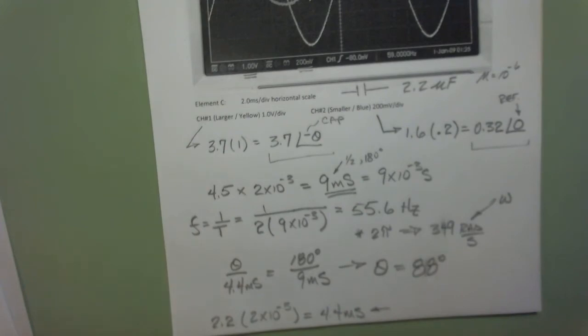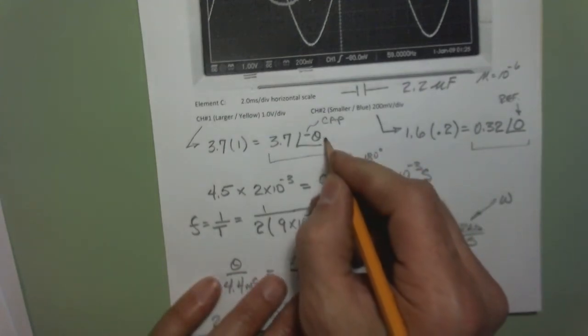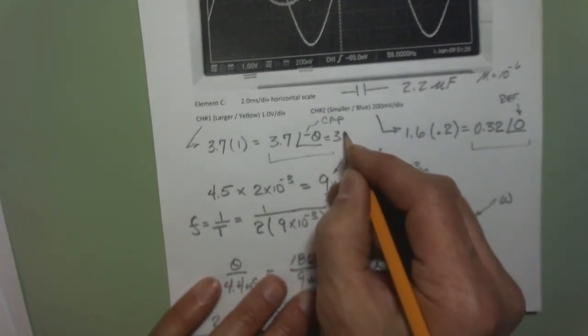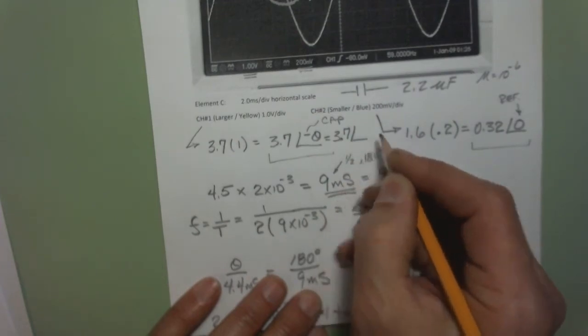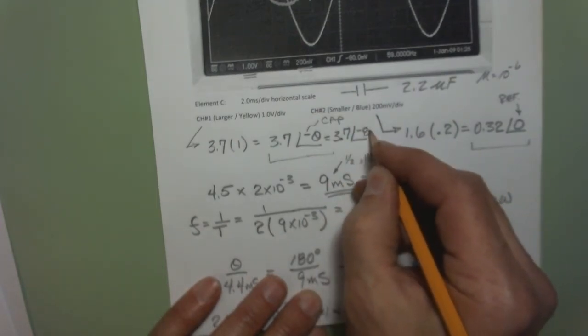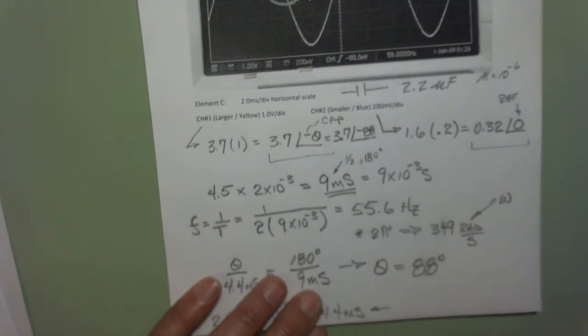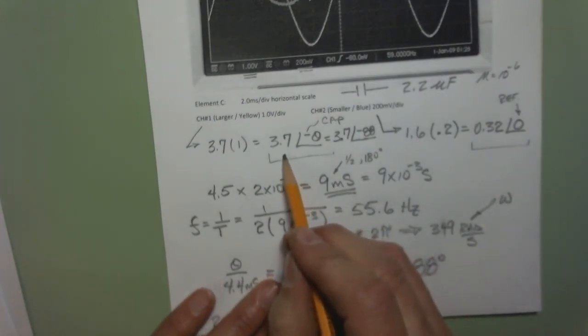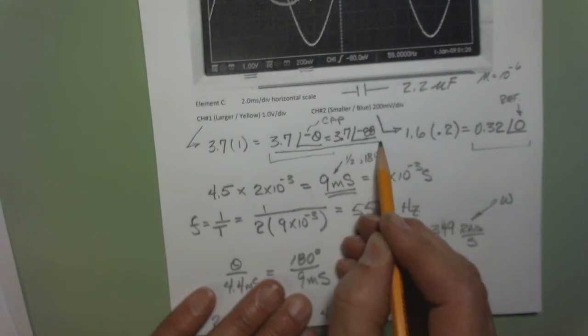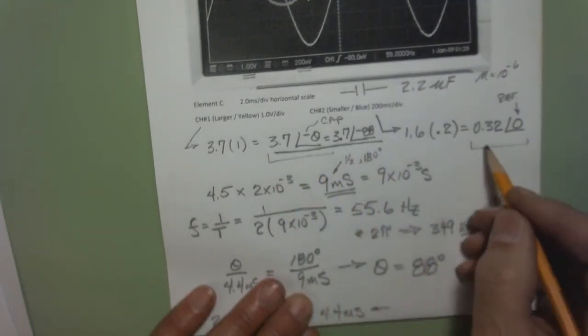Okay, so let me double check that. Yeah, good. So I really didn't need the calculator on that, but so that's 88 degrees. So I think we have all the pieces here because I can now say that this is 3.7 at minus 88. Okay, so that's my voltage 1. Here's my voltage 2.